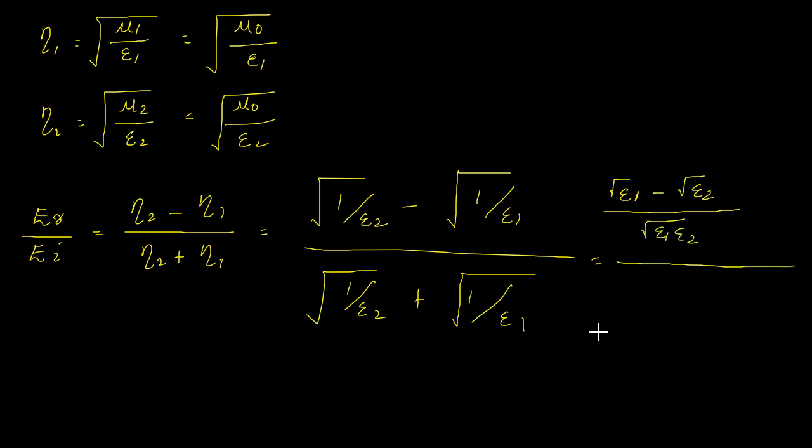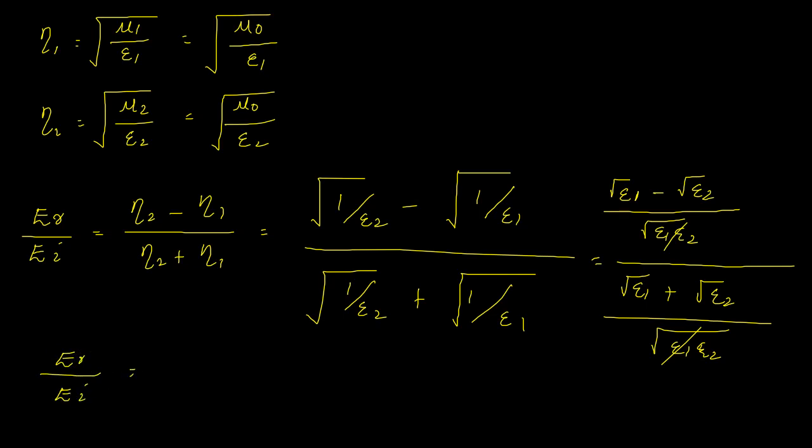Similarly on the denominator side, square root of epsilon 1 plus square root of epsilon 2 over square root of epsilon 1 epsilon 2. So these two get cancelled. So this is the final expression of the reflection coefficient in electric field, in terms of the permittivity of the medium.